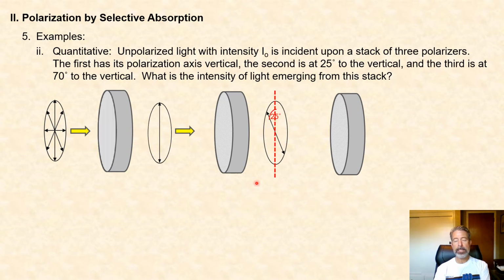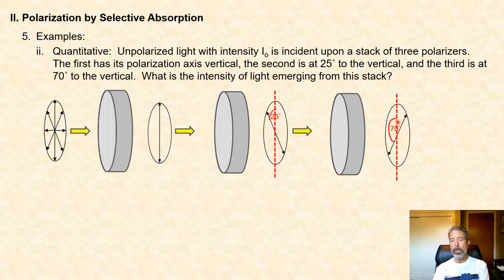Here we know that the transmission axis of this analyzer is at 25 degrees to the vertical. When we let that reduced polarized light then fall upon another Polaroid filter whose transmission axis is also at an angle with the vertical, the intensity of that polarized beam will be reduced a second time. And we will have a picture that looks like this.